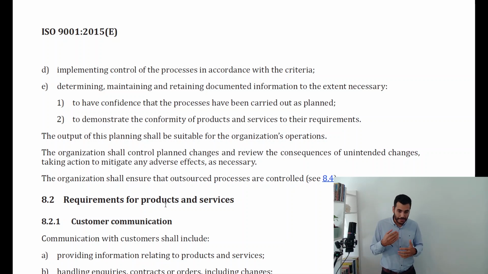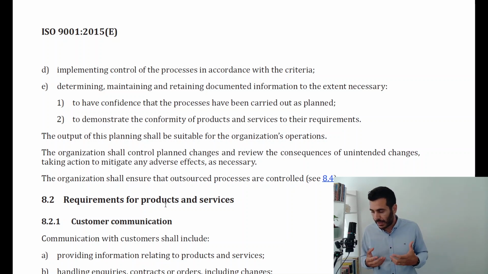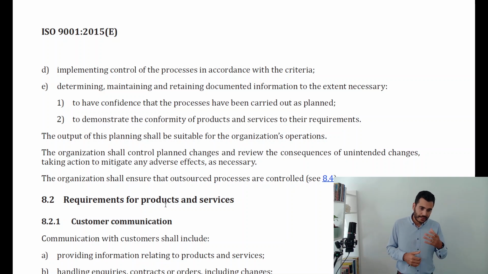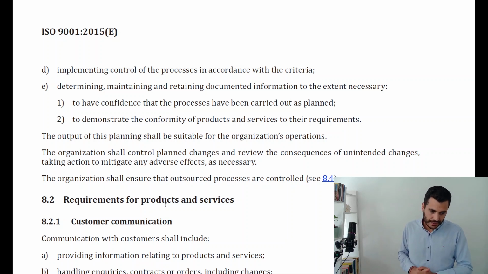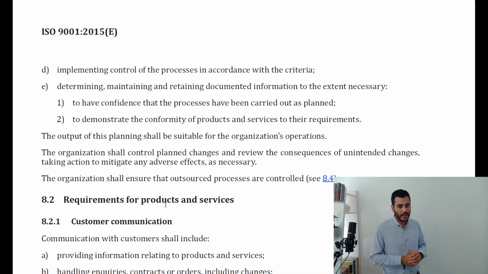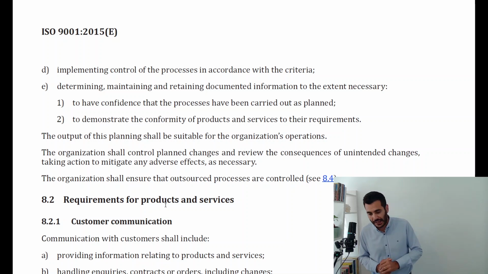And I'm rushing through reading these because they are way too generic and they are already mentioned in different clauses. The standard goes on to say that the output of this planning shall be suitable for the organization's operations. The organization shall control planned changes and review the consequences of unintended changes, taking action to mitigate any adverse effects as necessary.